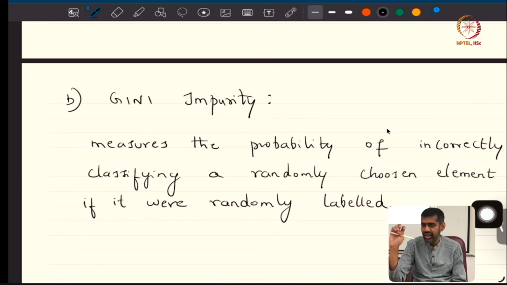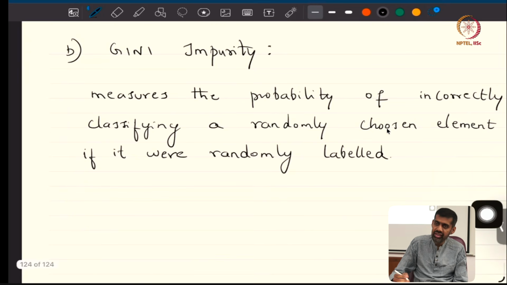Suppose in a region all points correspond to one particular class, then sampling it and labeling it incorrectly is less likely, because all the points in the node belong to one particular class. So, this measure is looking at the odds of incorrectly labeling a particular point that is sampled from a particular region. Okay.